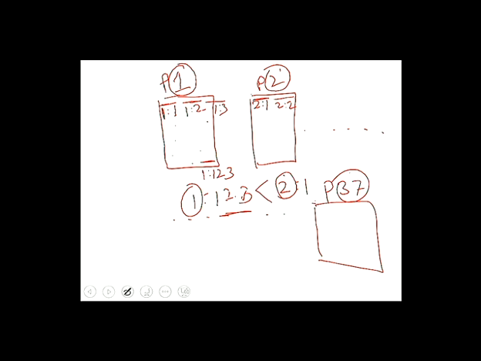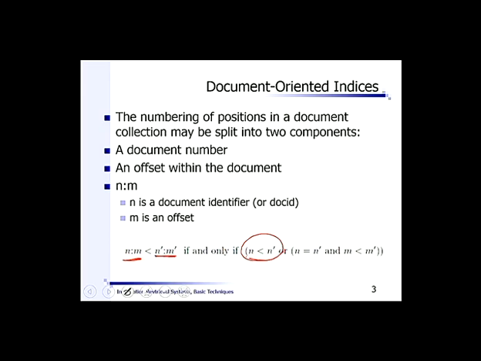If the document identifier is smaller, then no matter what second value we have, it is considered smaller than another index in which the document number is greater. So the first thing to know which index value is smaller is the document identifier. A document identifier with a lesser value is considered to be lesser.